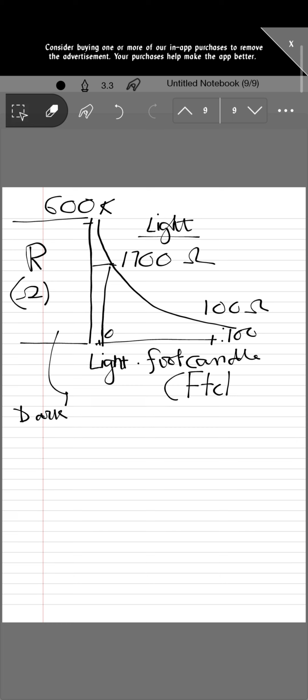Now this photoresistor has lots of applications, some circuit applications to be precise.